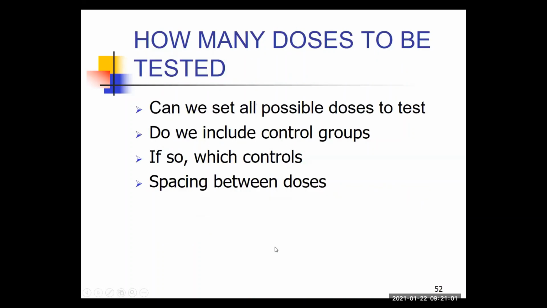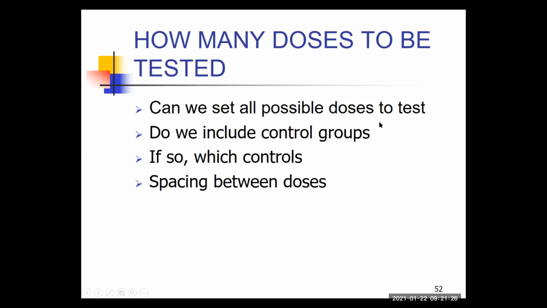All right. So how many doses do we test? So we're now in phase 2 dose ranging. We want to try a few doses. So can you set up all possible doses? No way. All right. I mean, there's an infinite number of doses because you're looking at the continuous curve, right?